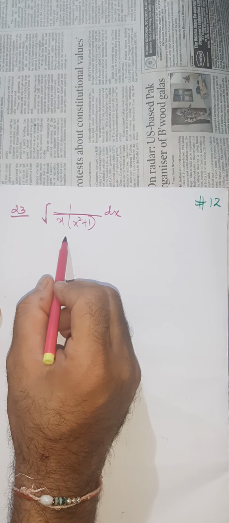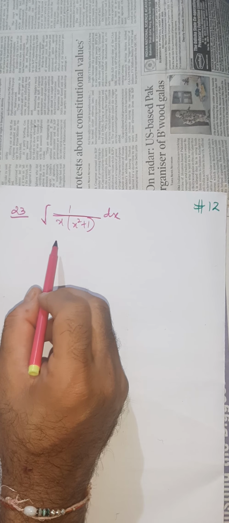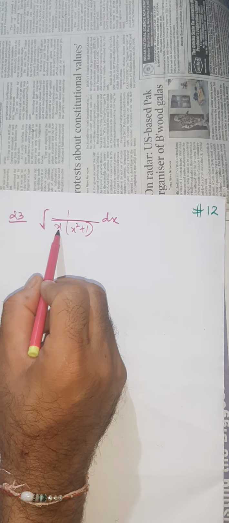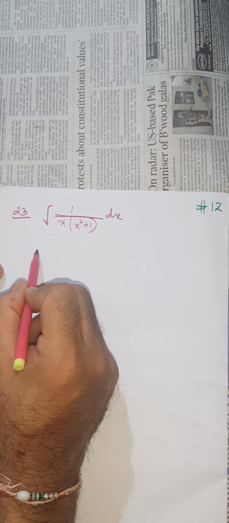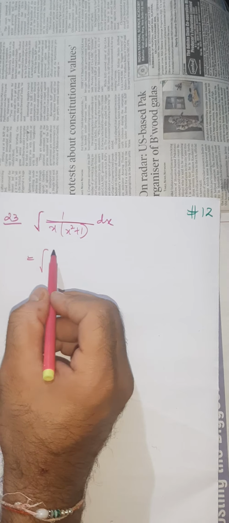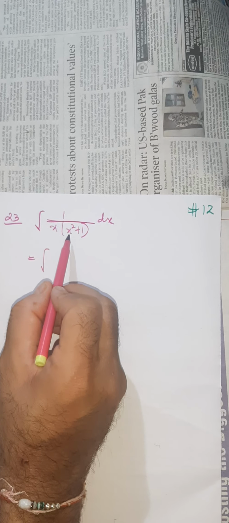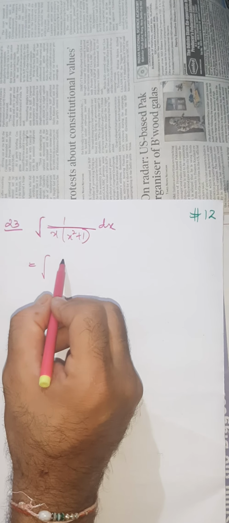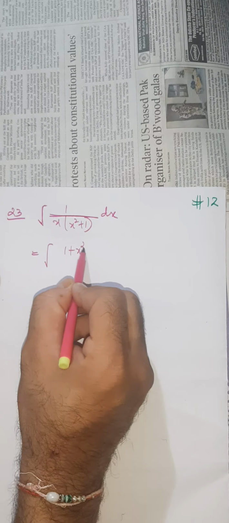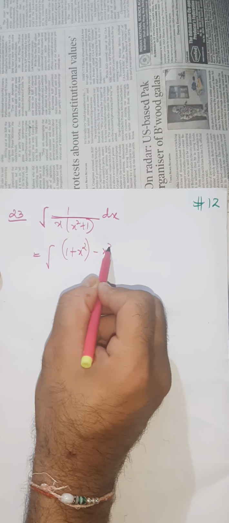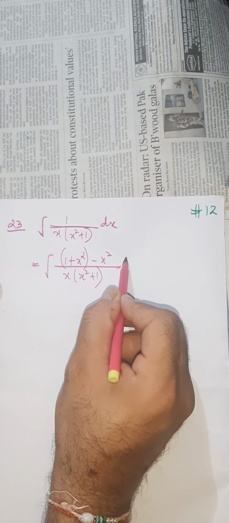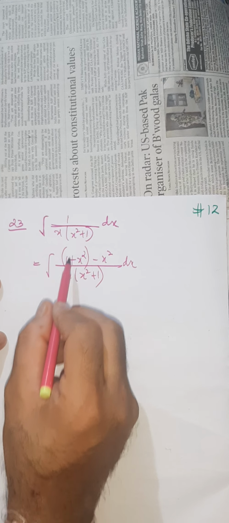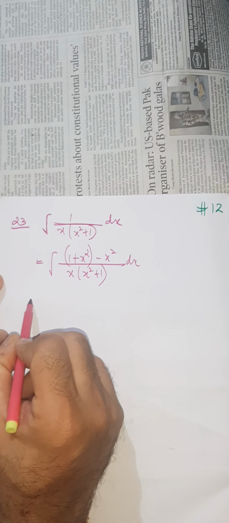MCQ number 23 here, question number 23. You have linear into quadratic. So one way is you can do partial fraction method, but in MCQ you can do directly like this. I'll try to set one of the factors there. So I'll write plus x squared minus x squared. What I did, just have tried to set their denominator in the numerator.